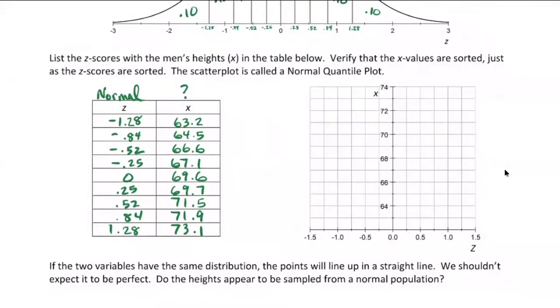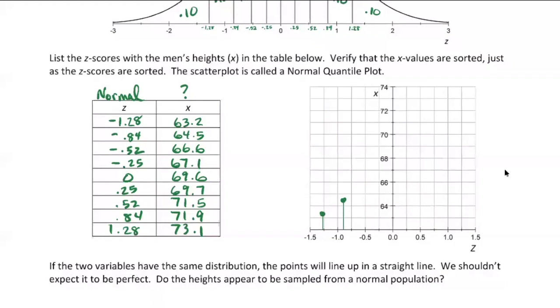Okay, so the first one, z is negative 1.28 and x is 63.2, which is going to be right about here maybe. Okay, the next one is negative 0.84 and 64.5, maybe here.